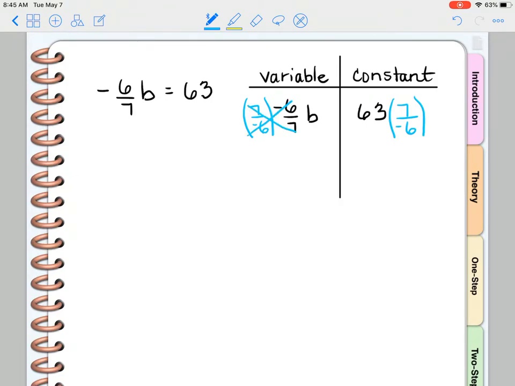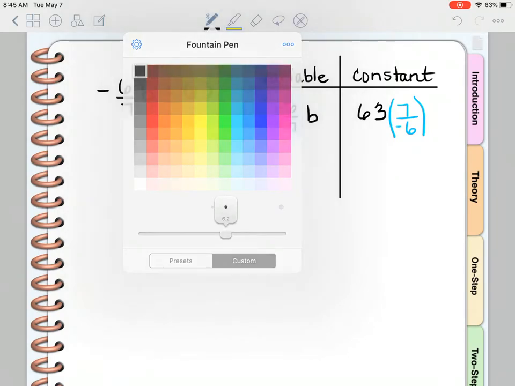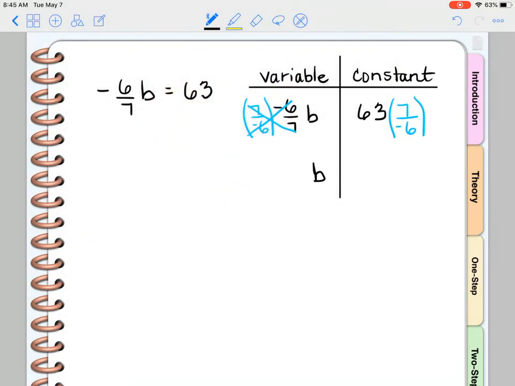So cancel those. B, and I have no idea, so let's see, 63 times 7 over negative 6 equals negative 73 and a half.